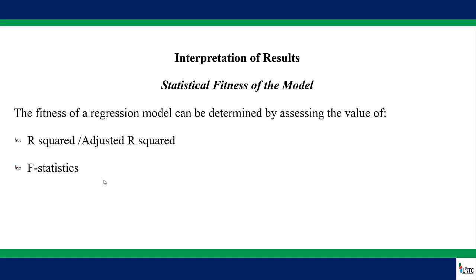And in such a case, we say that the statistical model is a good fit. And with respect to adjusted R-square, once you have anything above 50%, that is 0.5, you are okay.